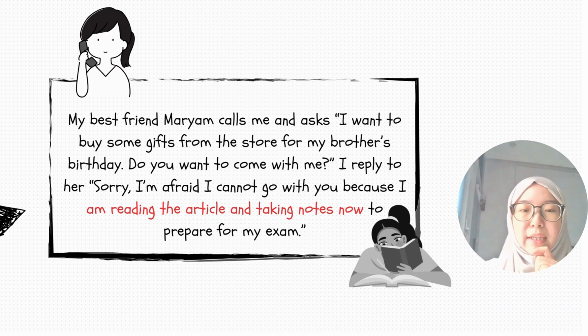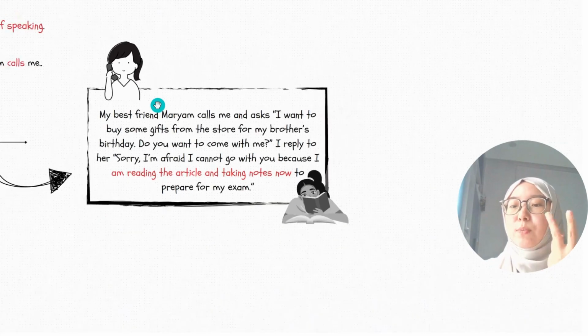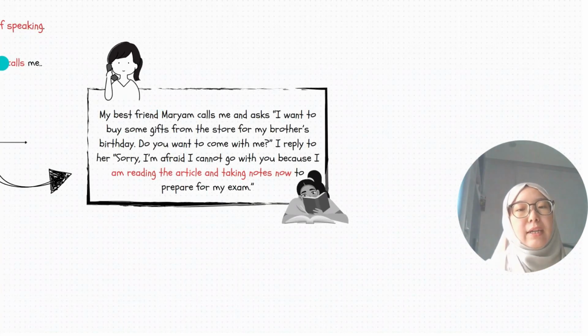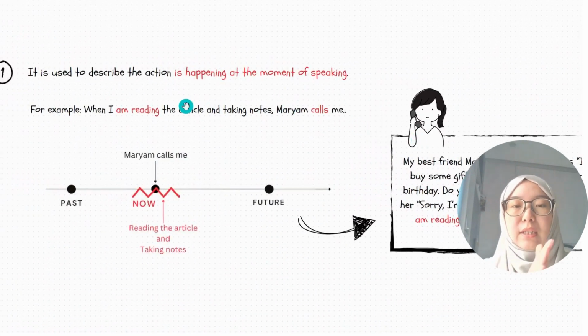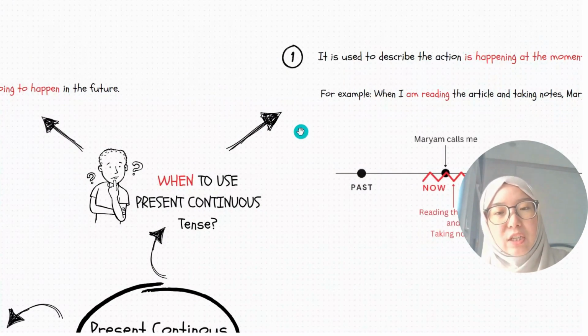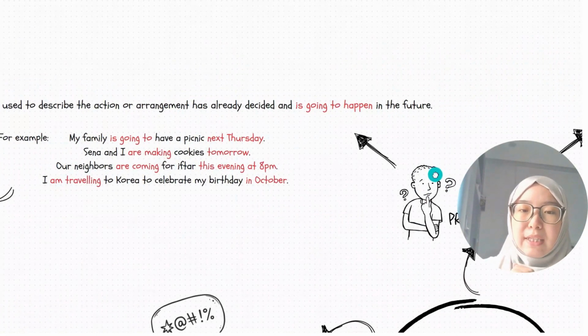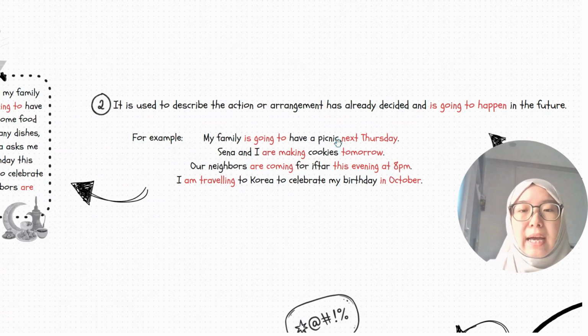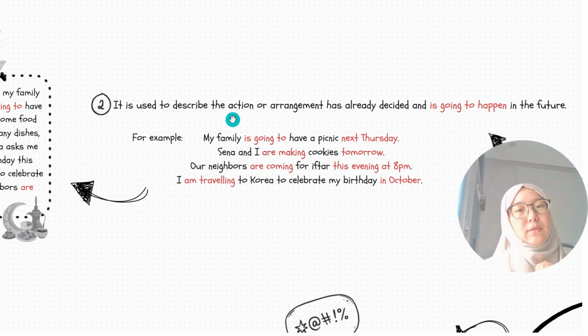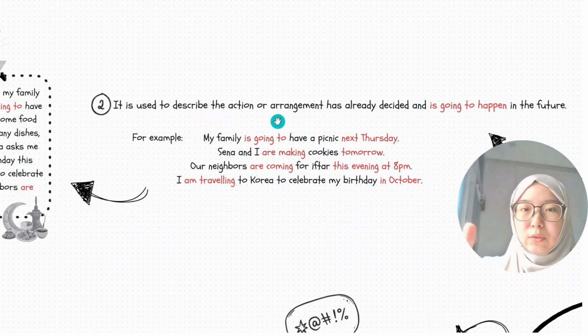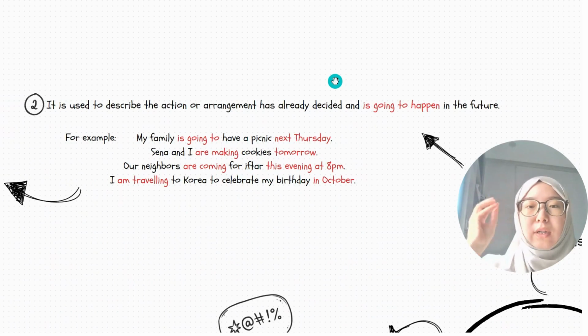Now let's look at the second function of present continuous tense. Present continuous tense is used to describe an action or arrangement that has already been decided and is going to happen in the future. For example, I am going to give you the homework after class.